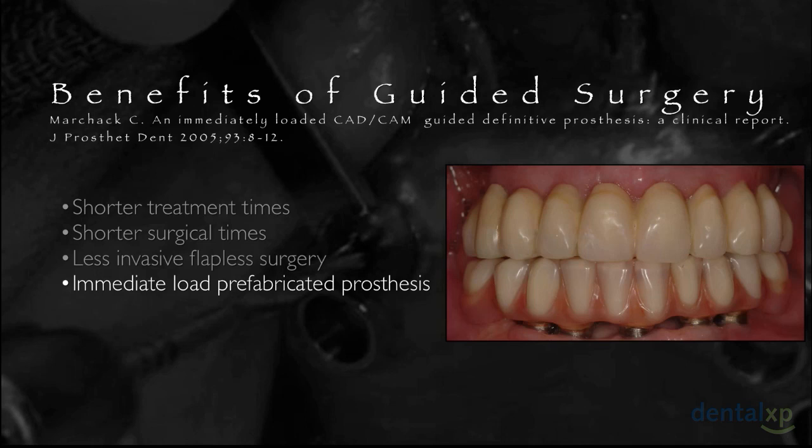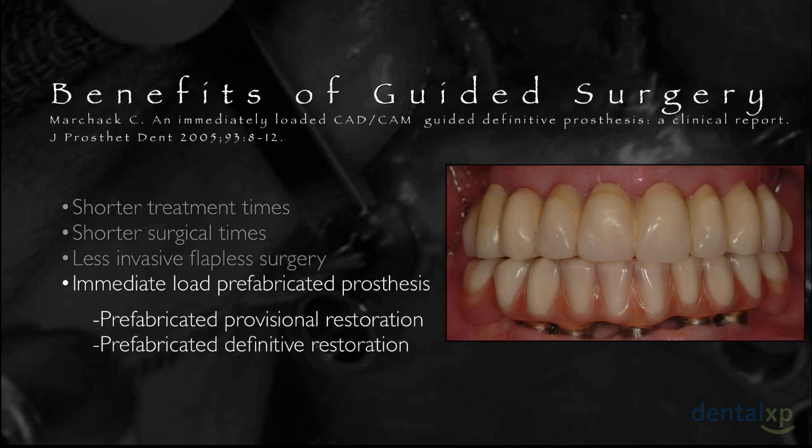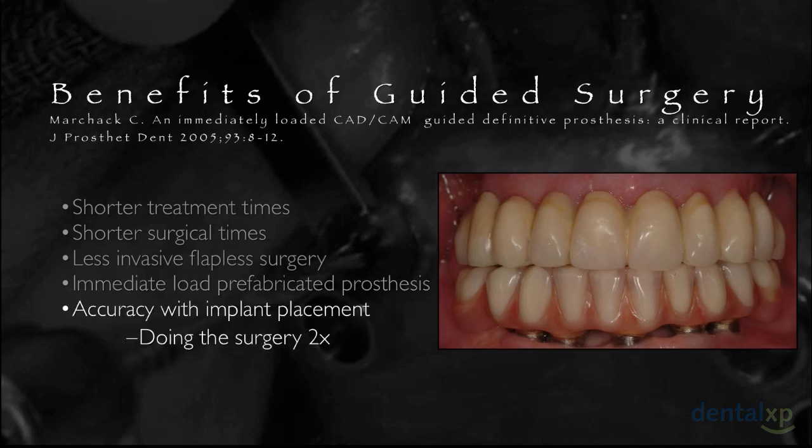If we wanted to, we can also create the prosthesis prior to implant placement. We can create a definitive prosthesis if we wanted to, or more importantly, just do it for the accuracy of implant placement with traditional loading. We have the accuracy of implant placement, and that's because we're really doing the surgery twice, once on the computer and once on the patient.